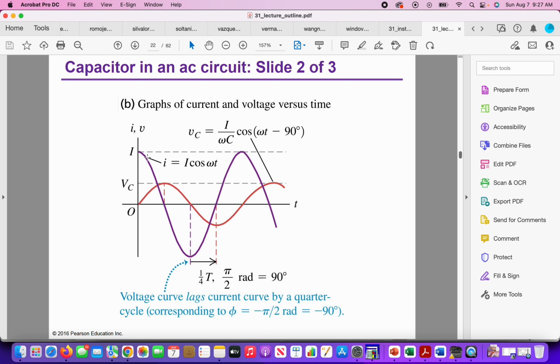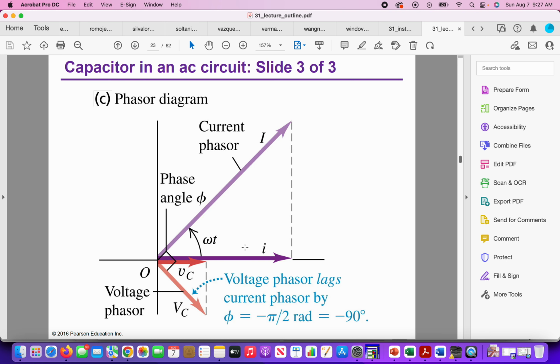Again, we have here the graphs of the current and voltage versus time. VC, the instantaneous voltage, is going to be I over omega C cosine omega t minus 90, and for the current, it is I cosine omega t. The voltage curve now lags the current curve by a quarter cycle, or negative 90 degrees, or negative pi over 2.